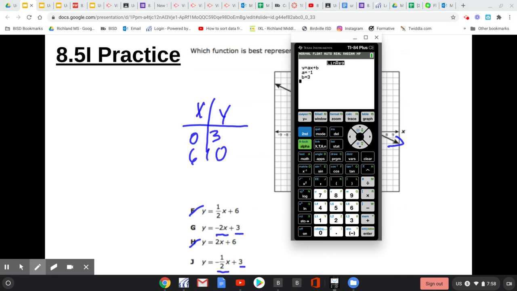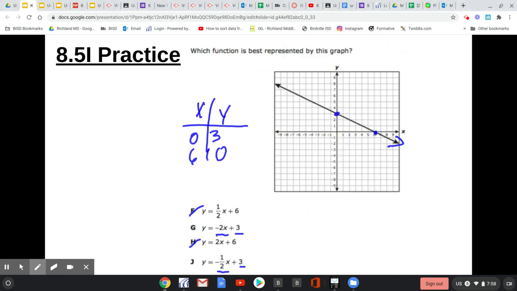So I'm looking for a negative x. Well, I don't see a negative x, so I wonder if I put something in the calculator wrong. Let's look one more time. We have 0 and 3 for that point, and we have 6 and 0 for the other point.